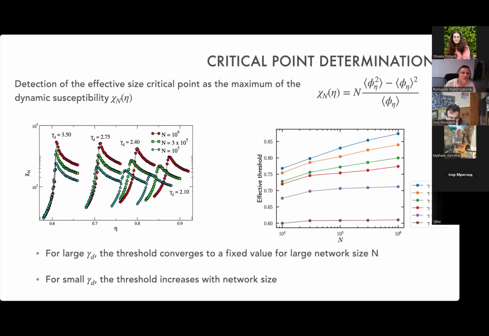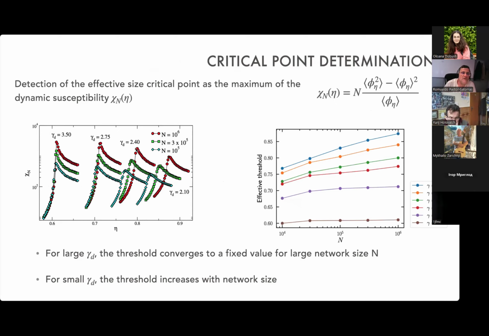We can do a little bit better by applying another tool of statistical mechanics, which is finite size scaling analysis. The idea is that you fit your critical point as a function of network size in this form. From here, you can compute the thermodynamic limit of your critical point, so in the limit of N very large, this will tend to the critical point.